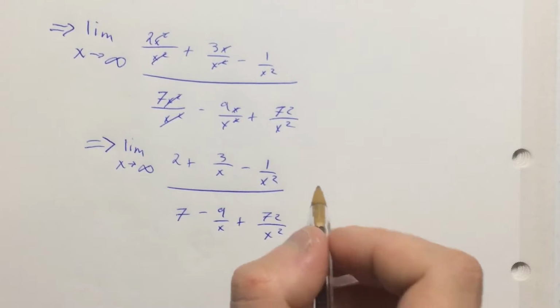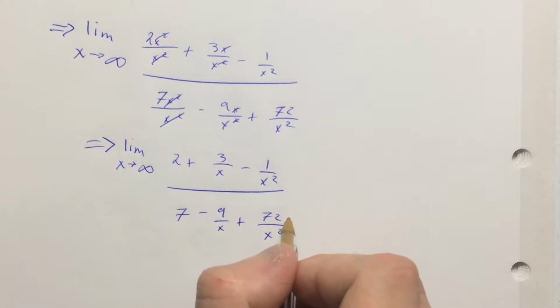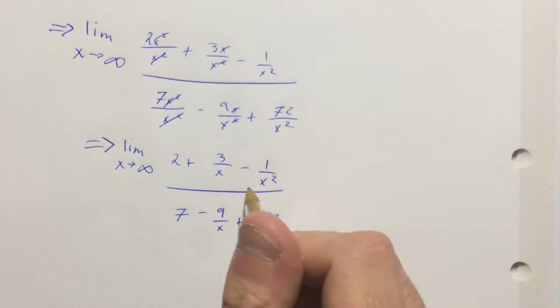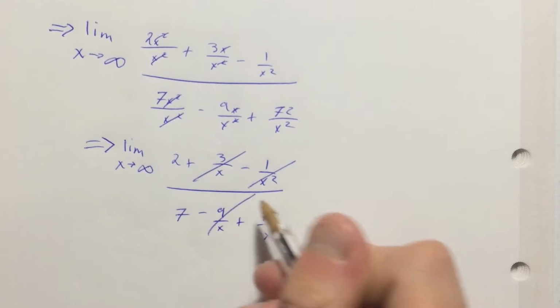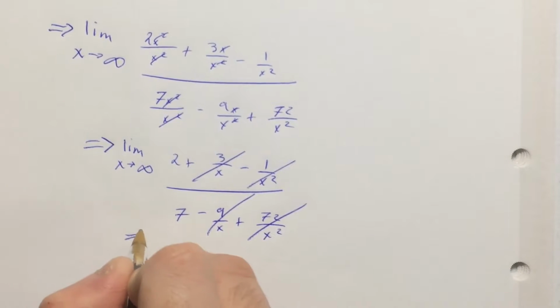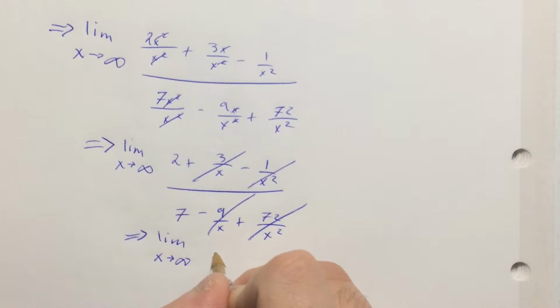Now if you remember from my last video, constant coefficients don't make a difference in determining the limit. If the highest degree term is in the denominator, it goes to 0, goes to 0, goes to 0, goes to 0.